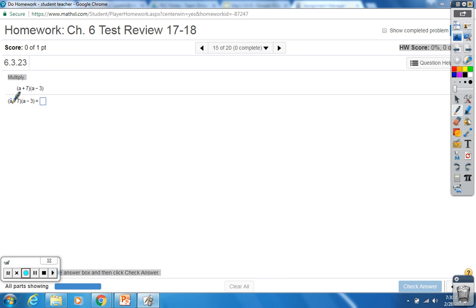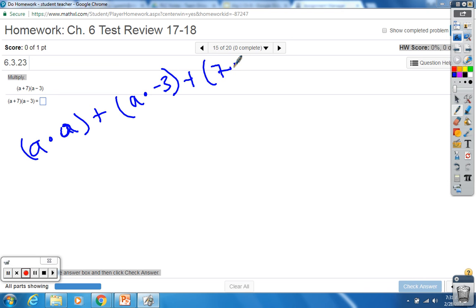Alright, so we'll have this a times that a. In here actually I'll do an extra step in between. So a times a, and then I'll do plus a times negative 3. And then I'll do plus 7 times a.